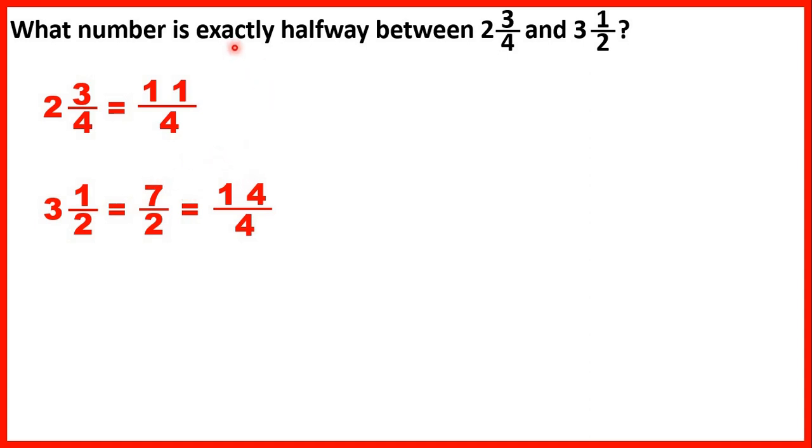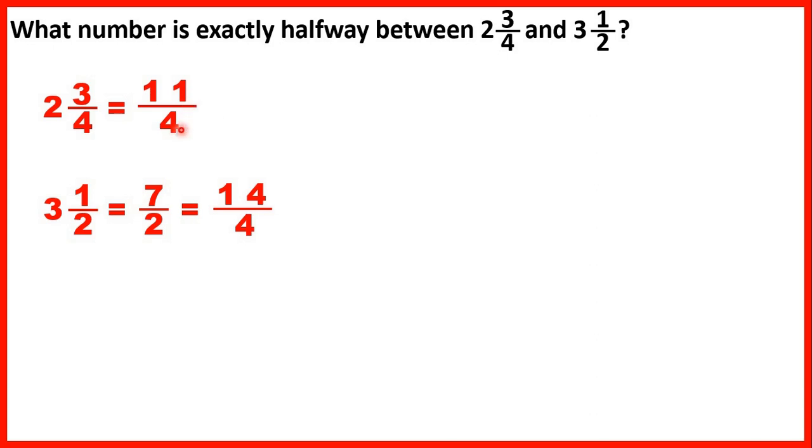So we want the number halfway between 11/4 and 14/4. The number in the middle of 11 and 14 is 12 1/2, but we can't write 12 1/2 because we can't have a fraction within a fraction. So we need to find equivalent fractions for both of these.